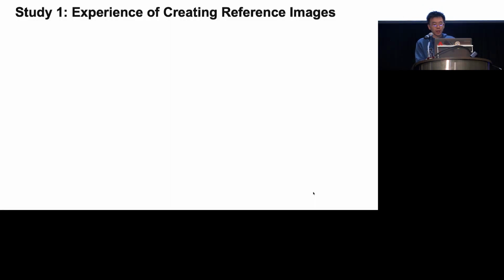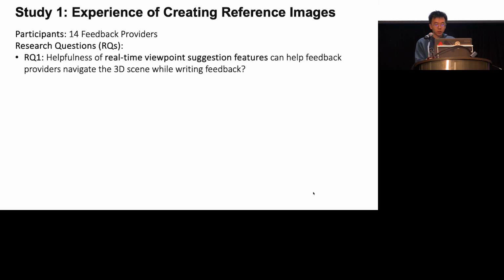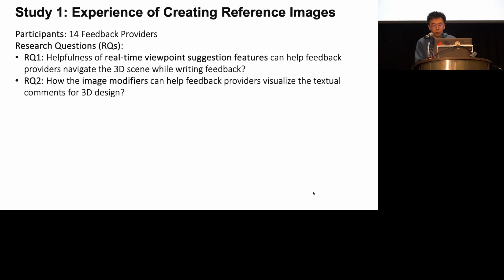In our first user study, we recruited 14 feedback provider participants. And here we focus on 2 primary research questions: how the real-time viewpoint suggestion features can help feedback providers to navigate the 3D scene while creating feedback, and how the image modifiers can help feedback providers visualize the texture comments for 3D design.